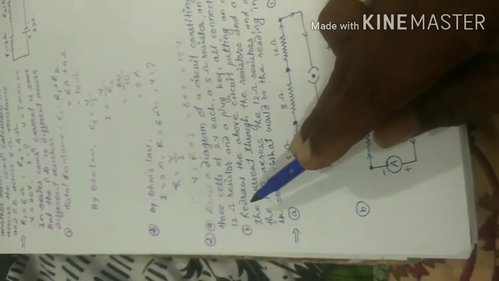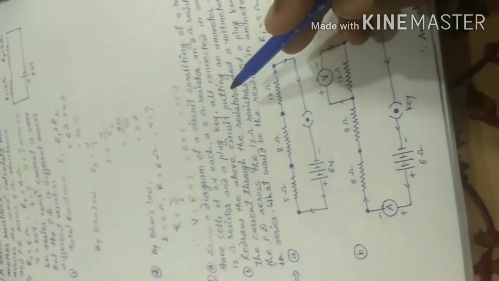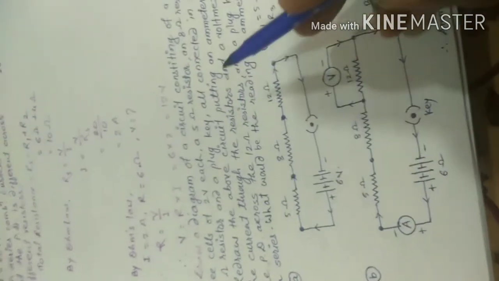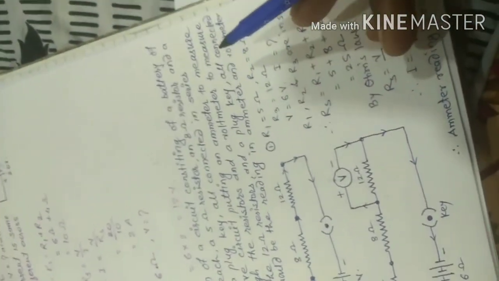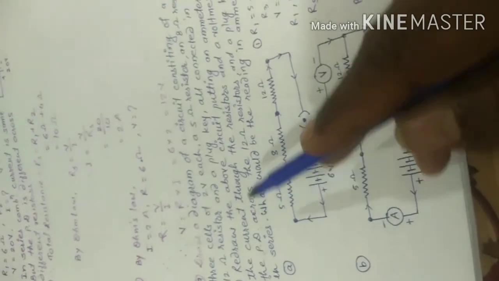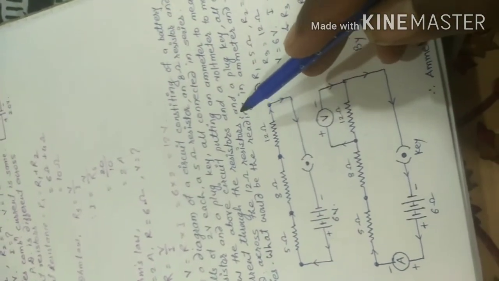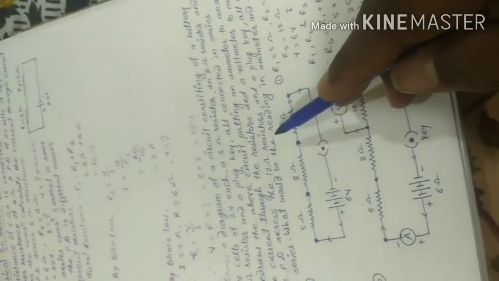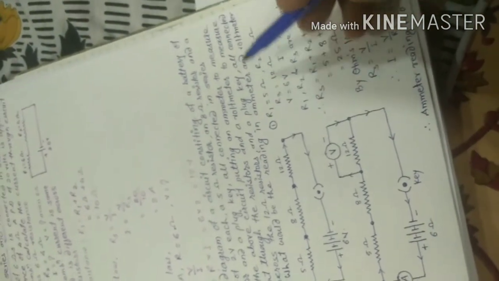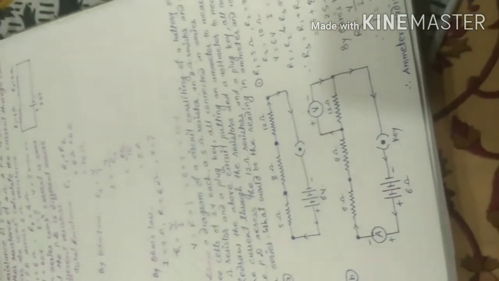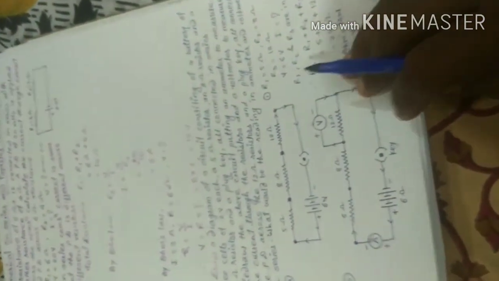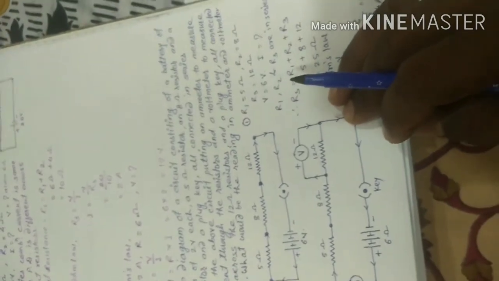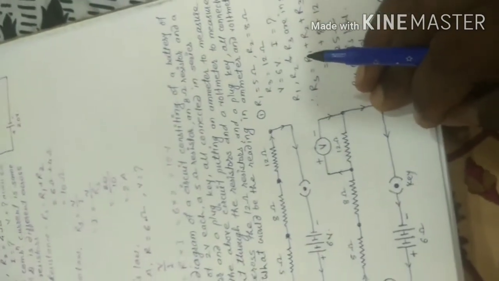The second question: redraw the above circuit putting an ammeter to measure the current through the resistor and a voltmeter to measure the potential difference across the 12 ohm resistor. What would be the reading in the ammeter and voltmeter? That means we have to find the voltmeter reading and ammeter reading. Voltmeter reading means the potential difference, and ammeter reading means the current.